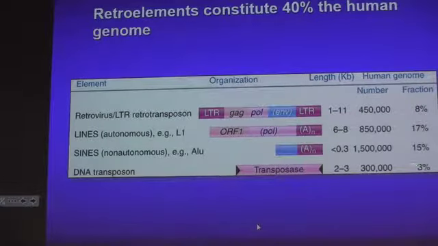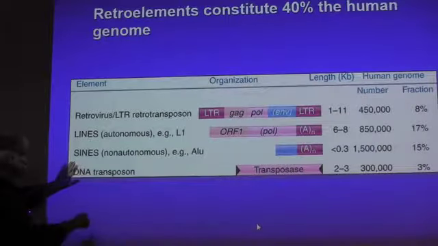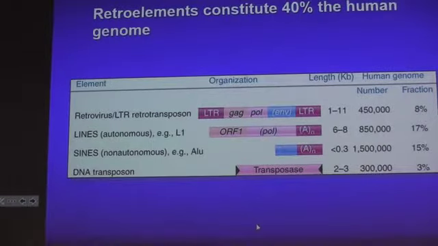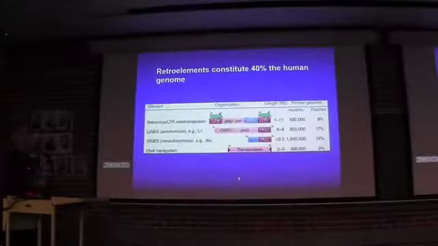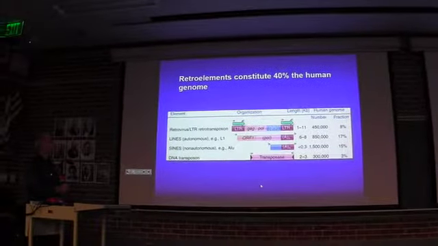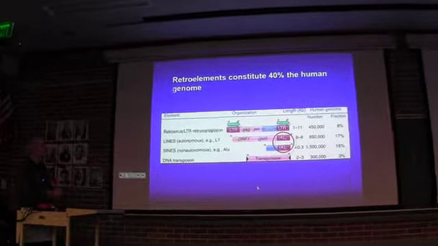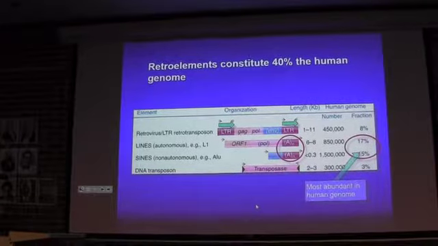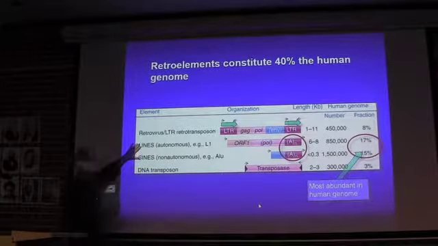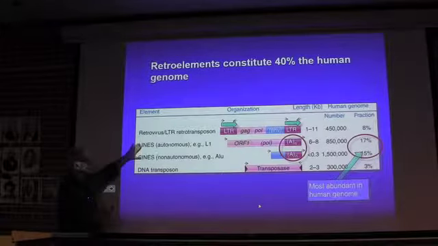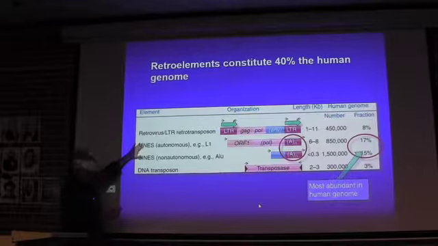DNA transposons, the regular old DNA transposons, about 3%. So if I ask you on an exam, I'll probably combine these together. You'll see LINEs and SINEs lumped into a category. So I think that's the way it is on homework.